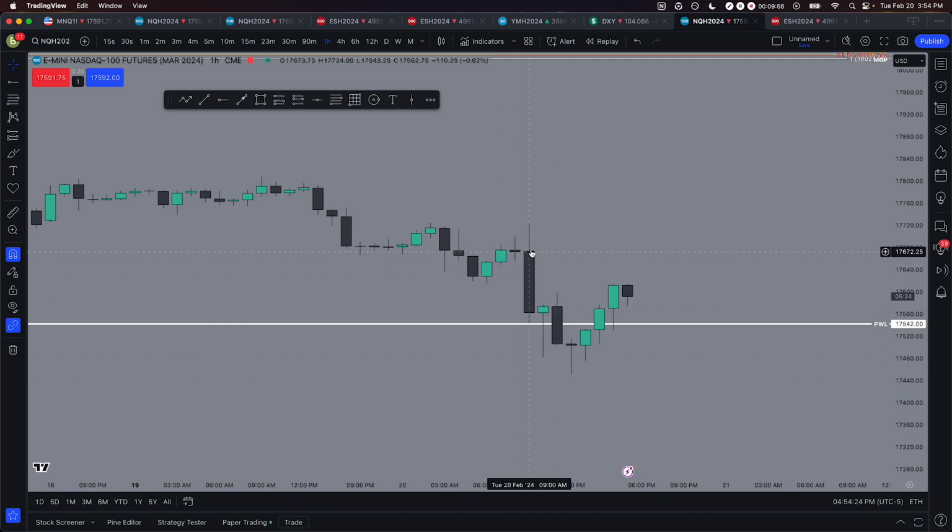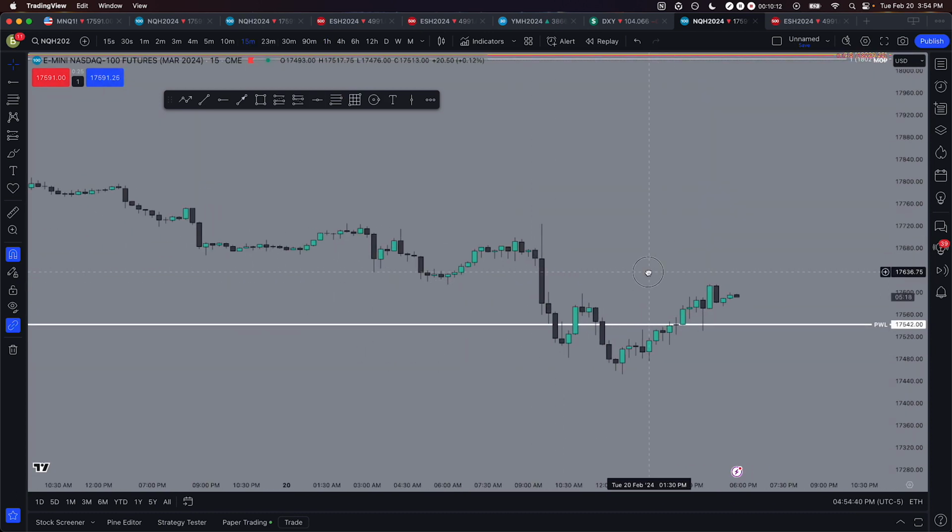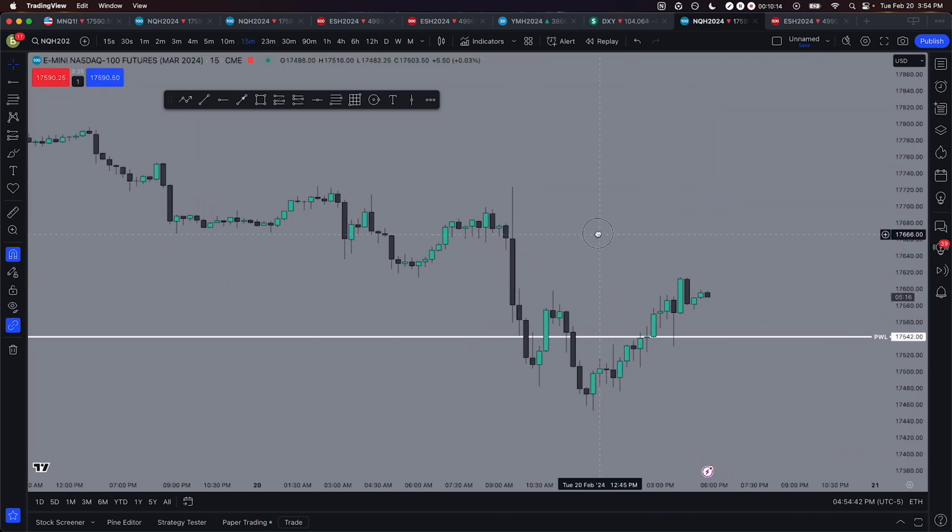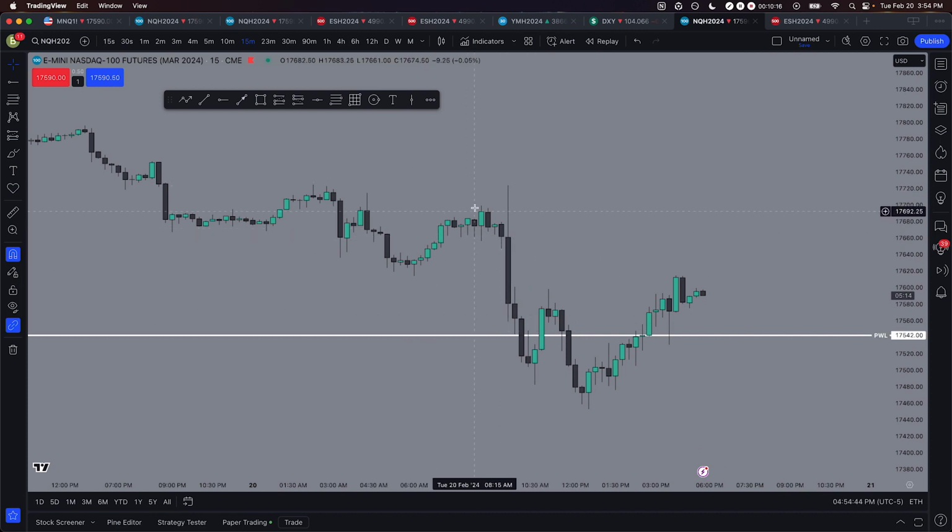Similarly to ES, we displaced over this low, created a fair value gap, tapped into it. When we created this first initial low here, we came right to it without actually tapping it, pulled up a little bit, went down. The thing about NQ though was that it didn't have quite as much of a retracement, and it was harder to get in.